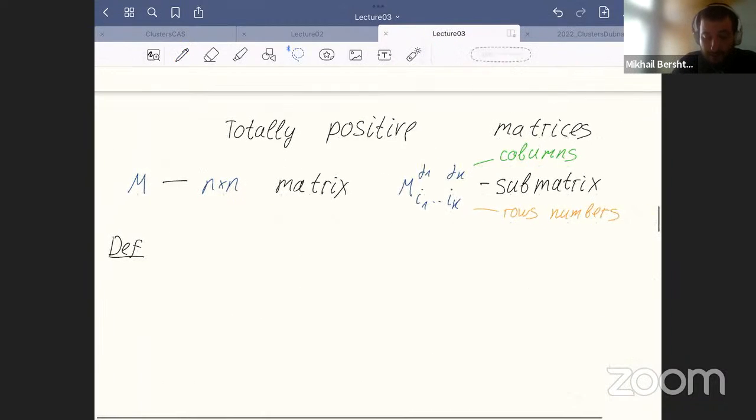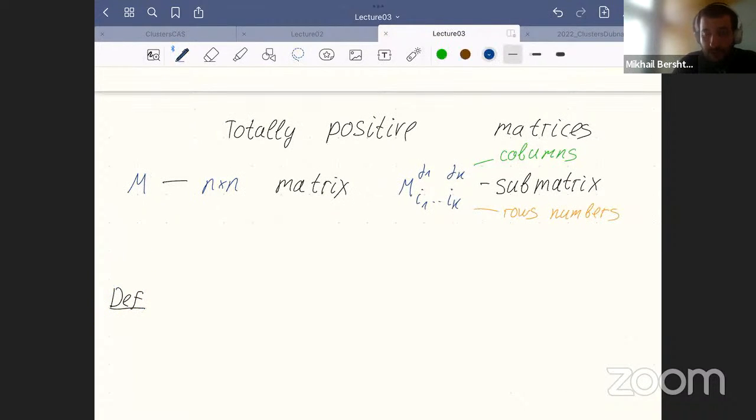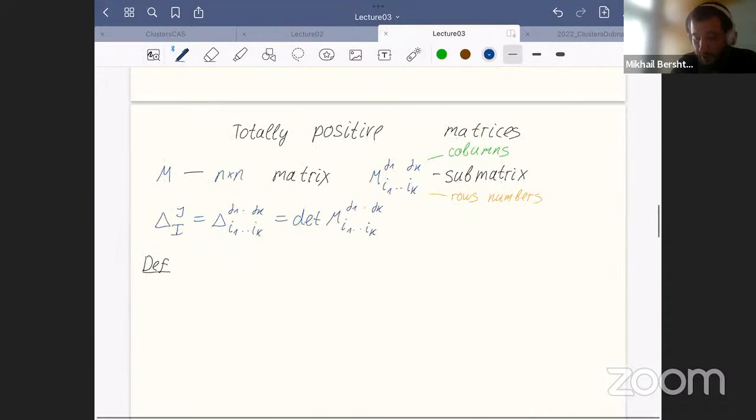We will quite often use their minors. So Δ with rows i_1, ..., i_k and columns j_1, ..., j_k is the determinant of this submatrix. Here I will usually assume that the i's and j's are ordered.